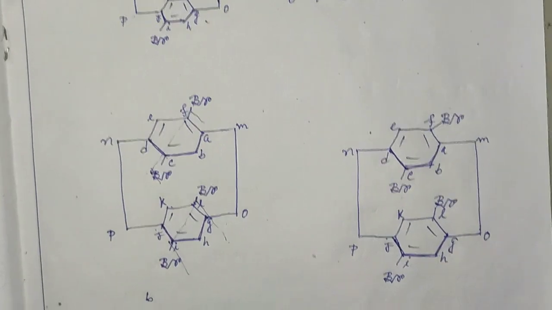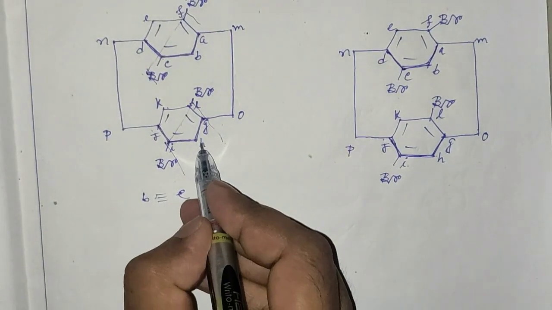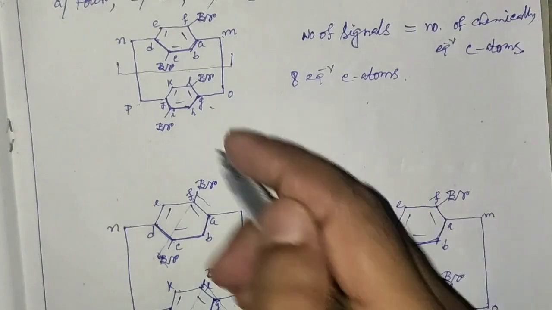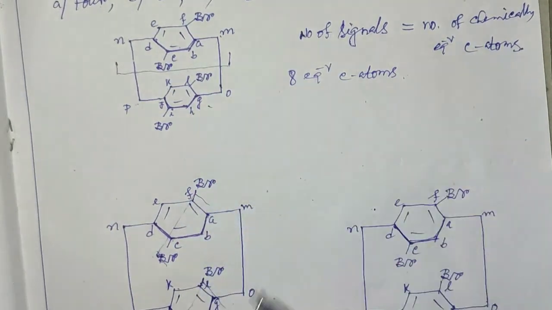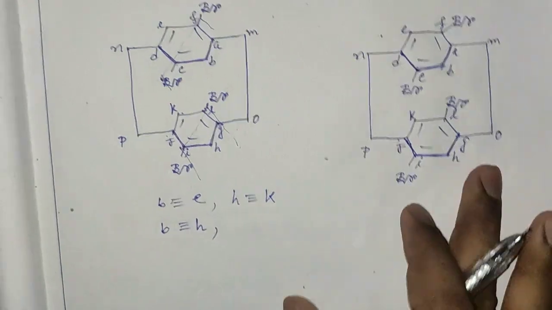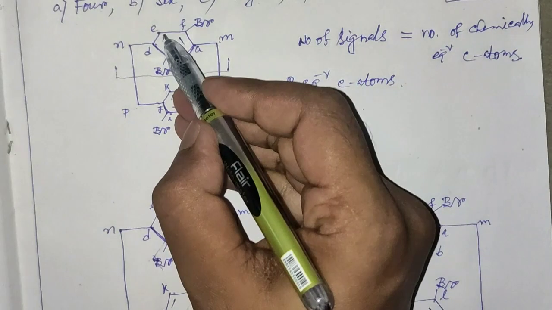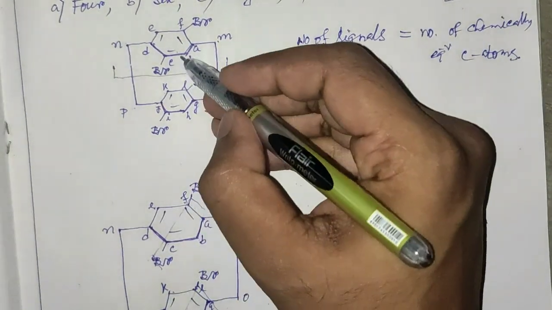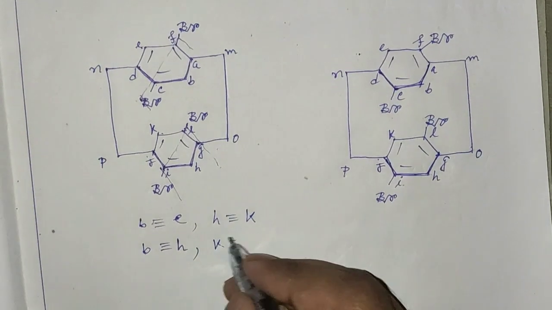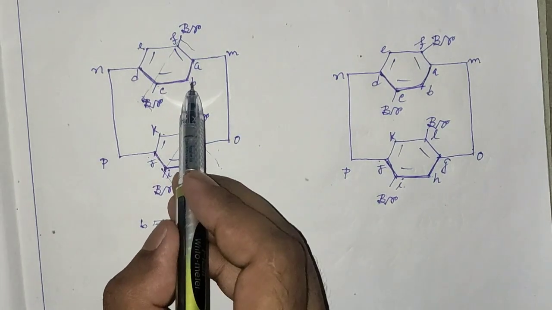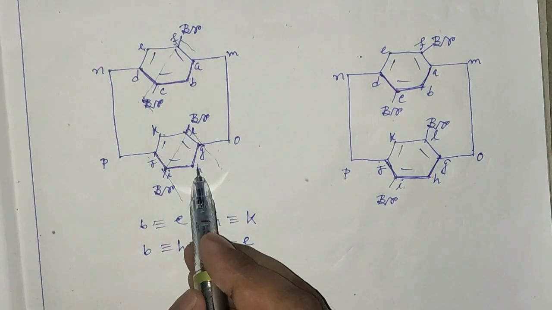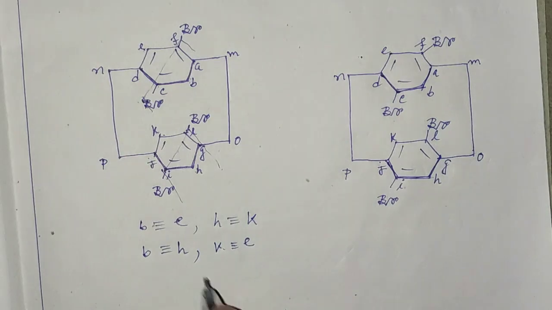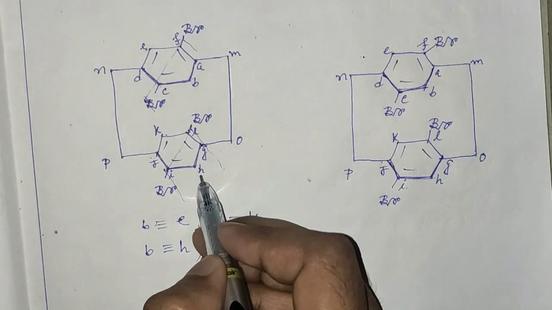and for this sigma plane we can see that B is equivalent to E, H is equivalent to K, and we previously know for the other sigma plane that B is equivalent to H. From this plane K is equivalent to E. That is B is equivalent to E, B is equivalent to H, H is equivalent to K and K is equivalent to E. That means these 4 carbon atoms are all equivalent, and these 4 carbon atoms will give a single peak.